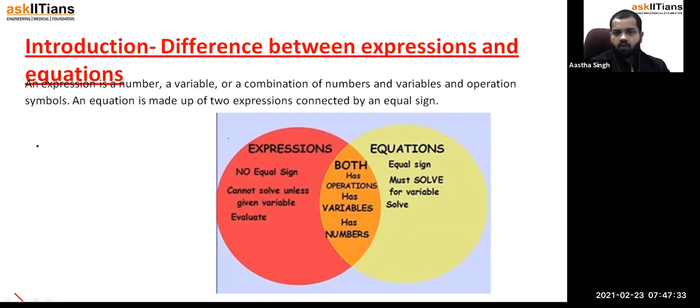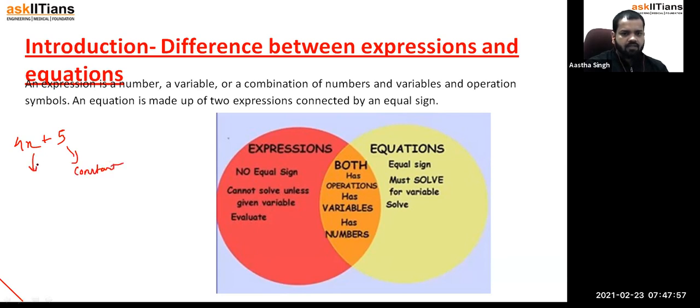Okay. What then is an expression? 4x plus 5, it is an expression. Why? Because it is a combination of variables, constants, and a combination of both, right? In 4x plus 5, your 5 is your constant.